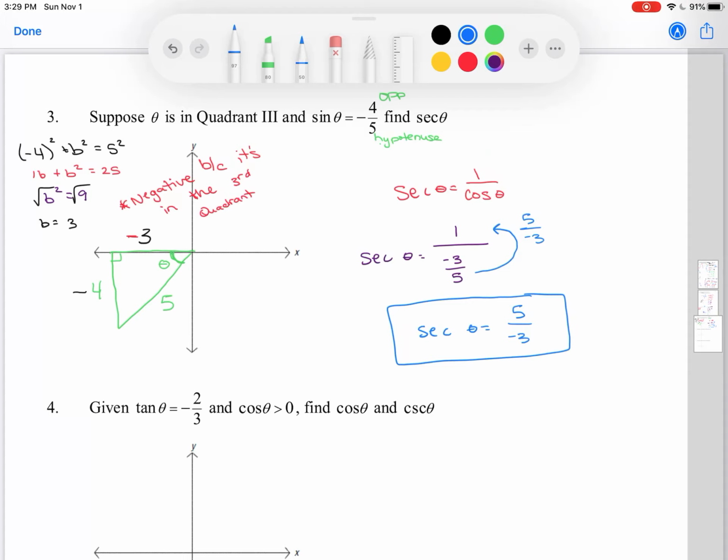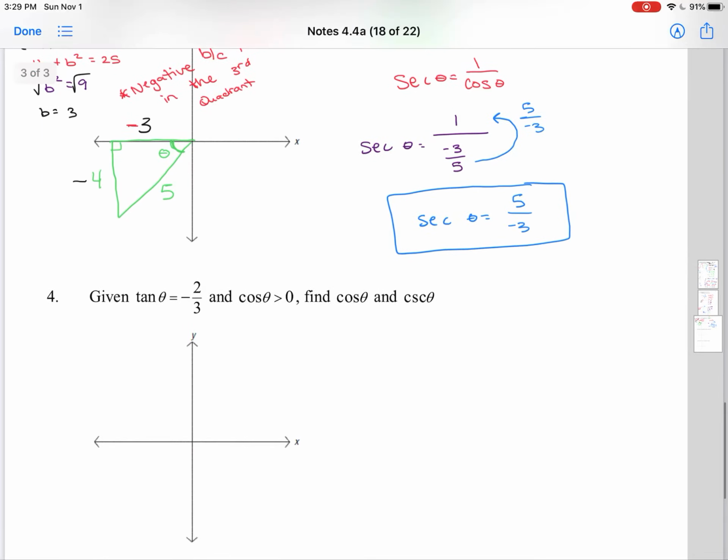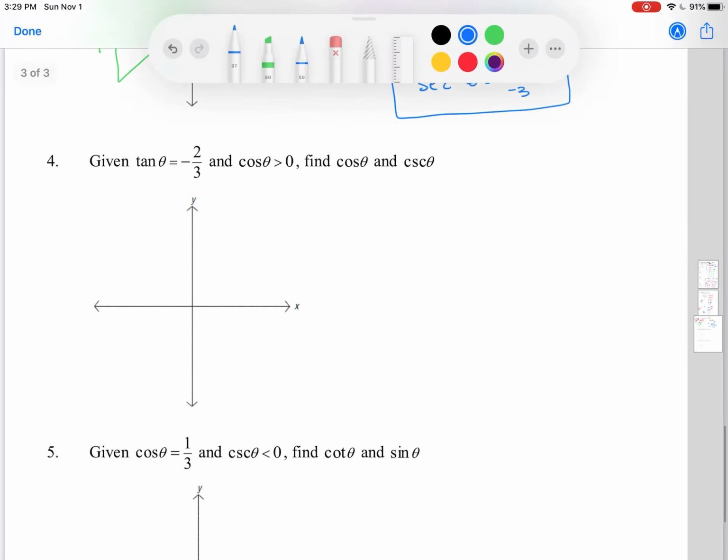And when I multiply, that's going to say our secant of theta equals 5 over -3. That's the only trig function they're asking for, so I can be on my merry way and keep going. All right, use the hints, start one hint at a time, and we can continue.